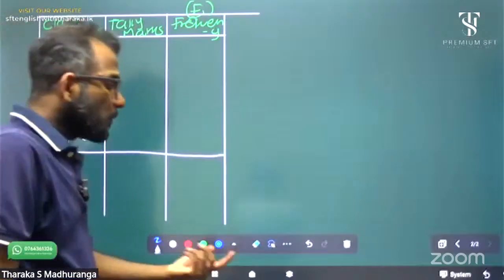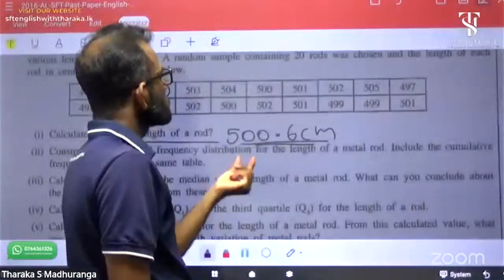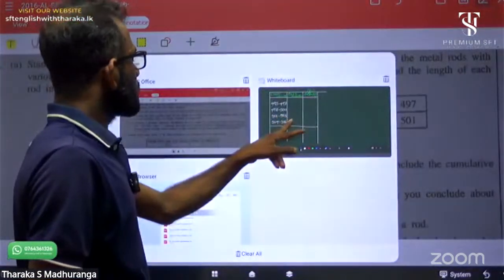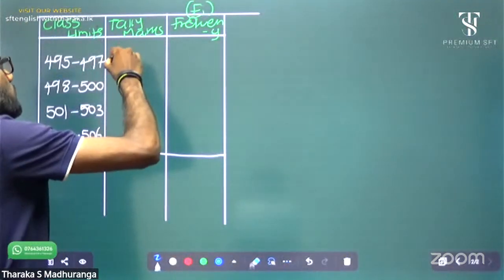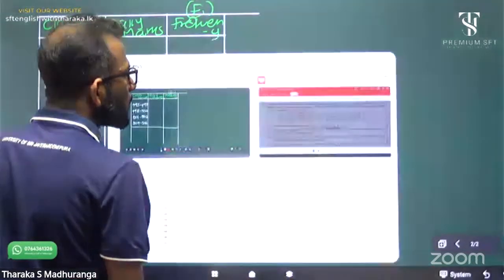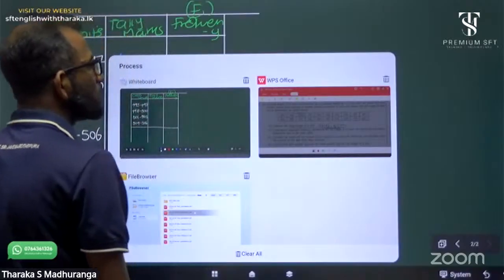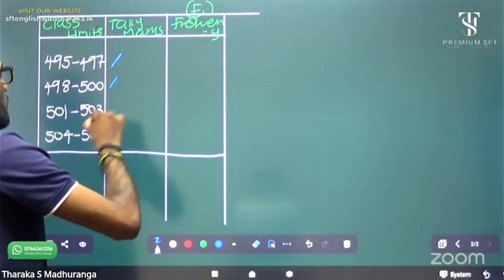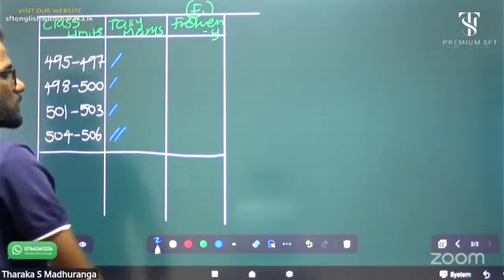Okay, let's add tally marks. How to add tally marks? First value 495, first group. 498, second group. 506, 503 and 504.